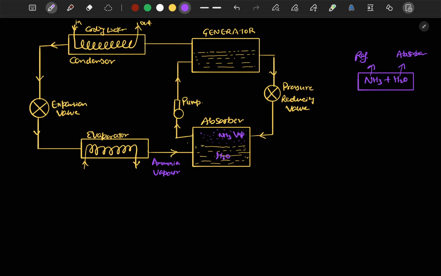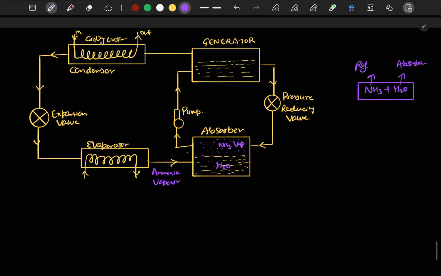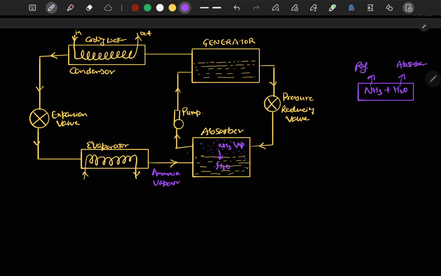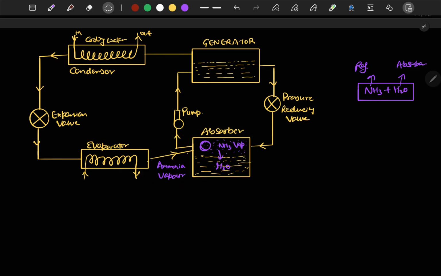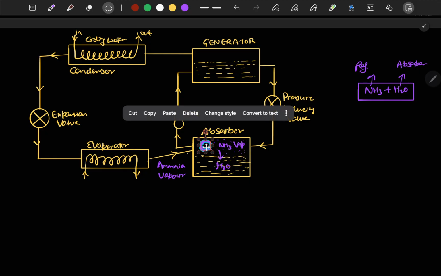Now when the water temperature increases, the solubility of ammonia decreases. But one more thing happens: when this ammonia vapor is absorbed by our water, the pressure inside the absorber decreases. So let me redraw this line here. When ammonia vapor is absorbed by the liquid water absorber, the pressure in this region is reduced.